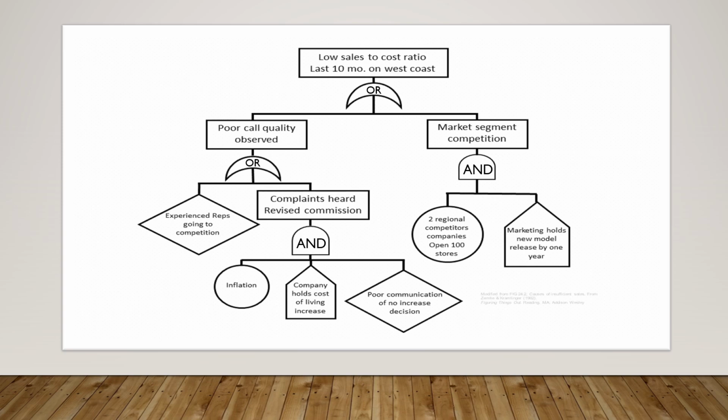In this analysis, it's easy to see that factors contributing to a failure within the system are essentially poor employee relations and turnover linked to a lack of communication, inflation, and a lack of increased pay. Additionally, the uncontrollable element of market competition and decisions to not proceed with new model releases impact the market, thus impacting sales.